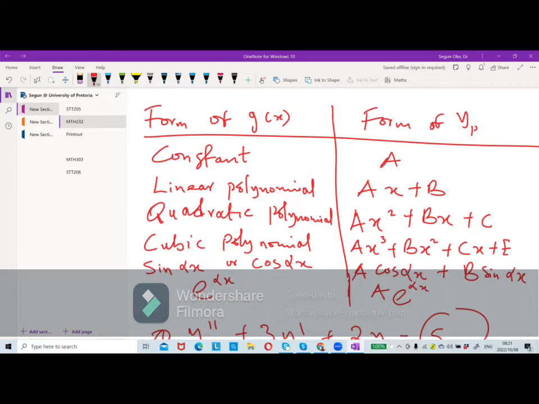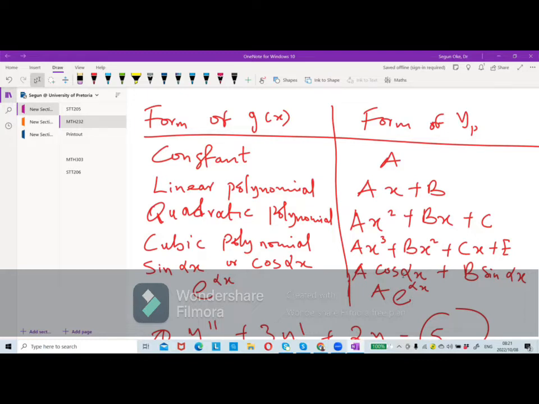But in case you have another value beside the alpha, let's say your X is different or your exponential is different, how do we write it? Some exponential can carry AX alpha and continue like that.